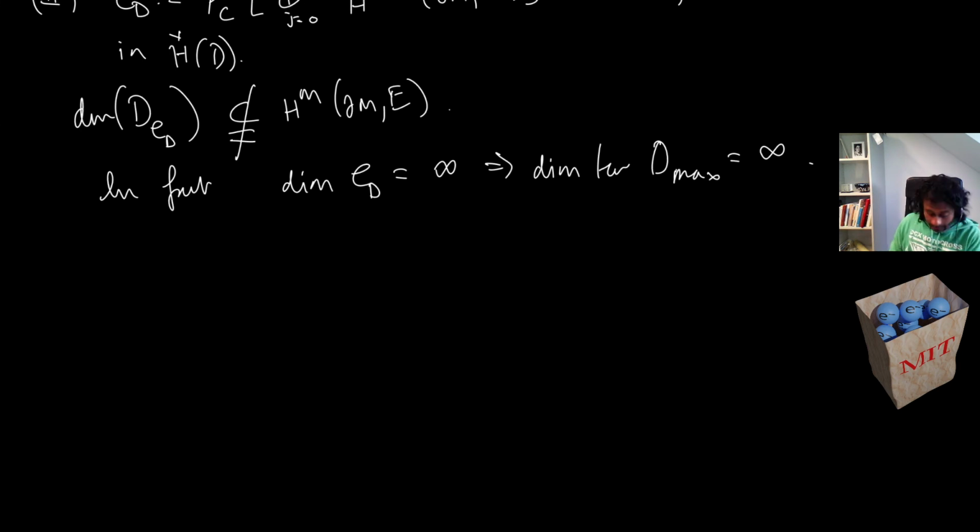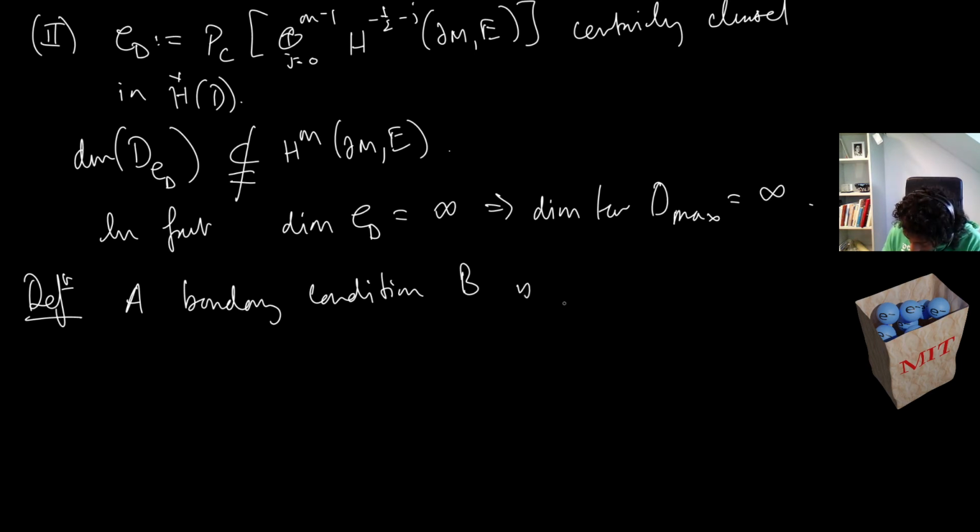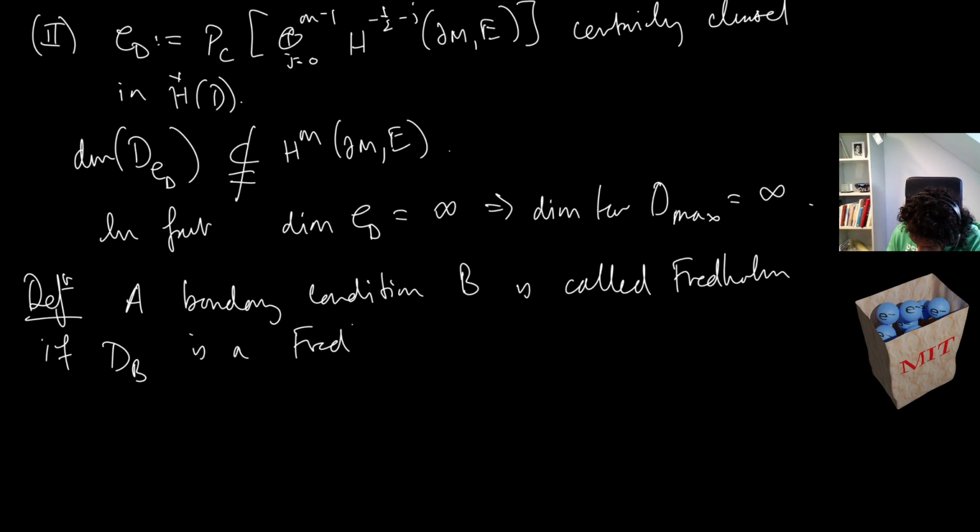So again, at this level, we can talk about another class of interesting boundary conditions. A boundary condition B is called Fredholm, or Fridholm for the Swedes amongst us, if D_B is a Fredholm operator.